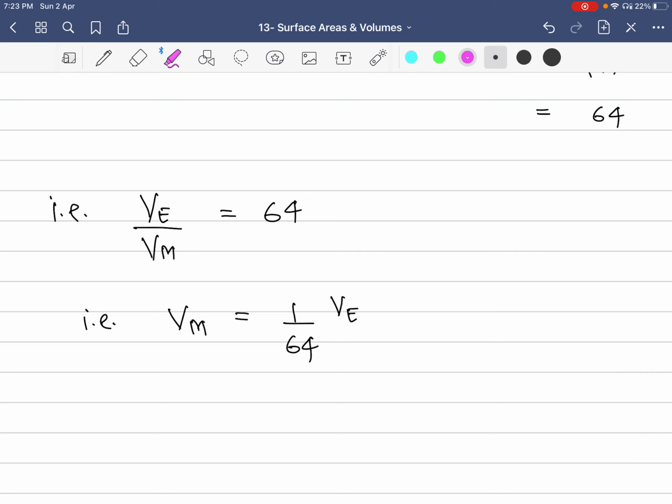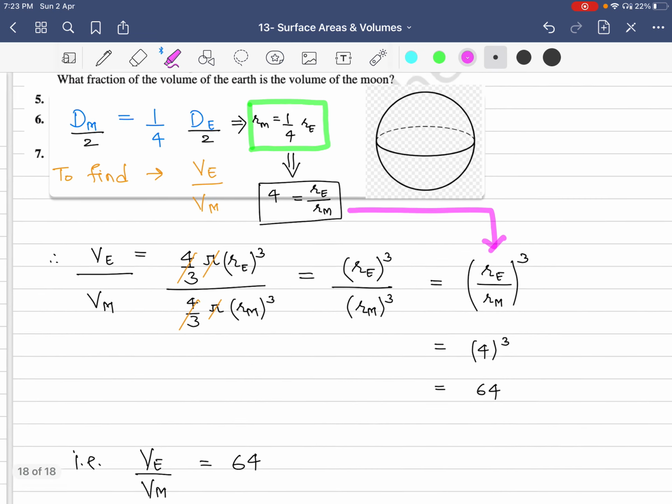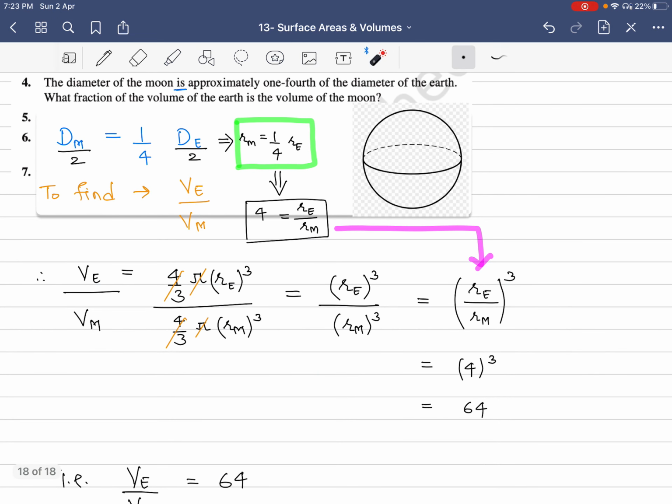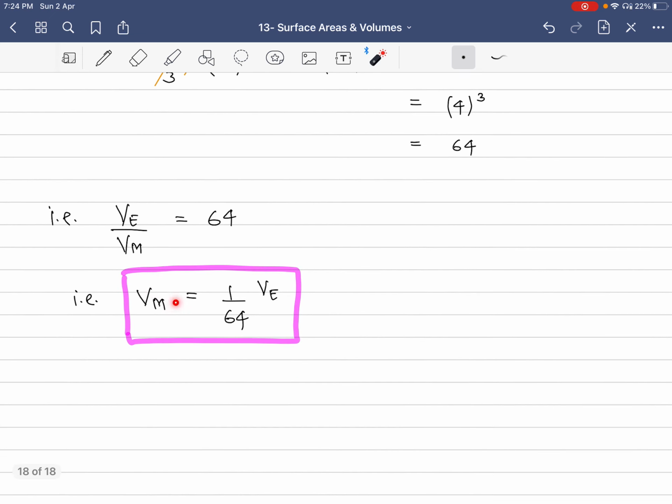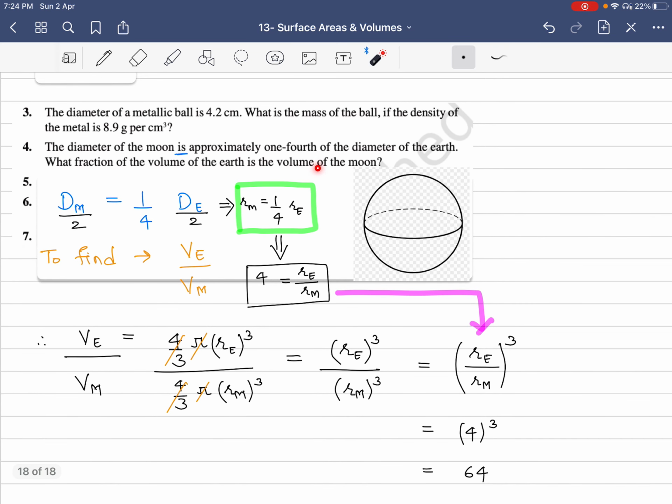This is a relationship between the volume of both moon and the earth. Obviously the volume of moon is going to be quite less than the volume of earth. We had the diameter of moon 1/4 the diameter of earth, but now the volume of moon is 1 by 64 the volume of earth. So that is what the question is asking us to find.